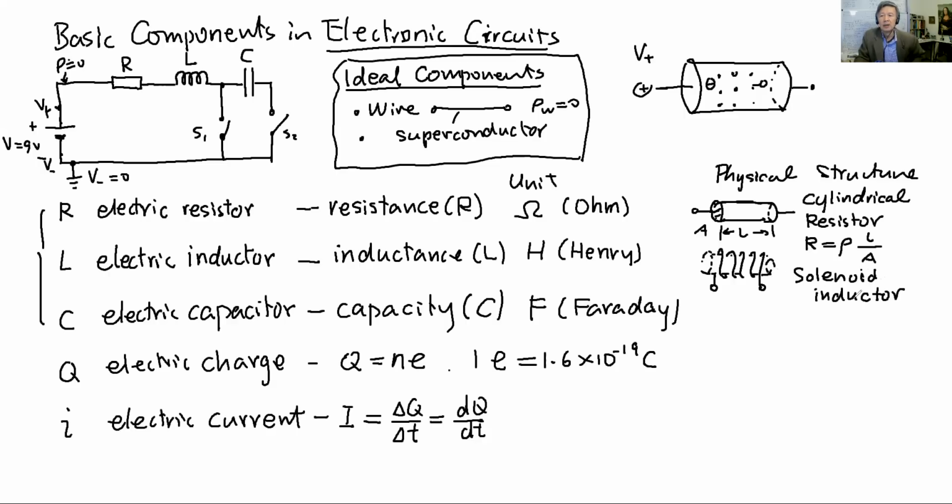And for the capacitor, what is the physical structure of a capacitor? In 2D form it's easy. Now here I draw the 3D. It's just two parallel plates. They are conductors.